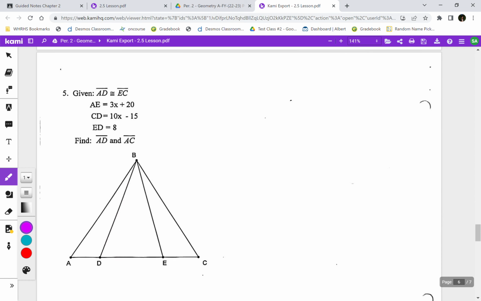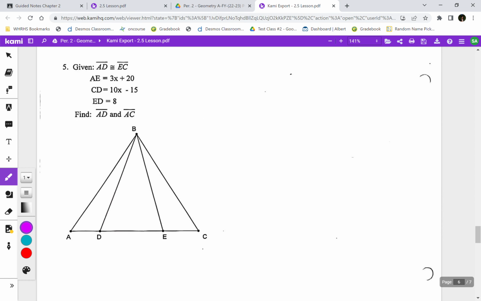All right, let's keep going. Let's do an algebra problem. So mark up our given information. Segment AD is congruent to segment EC. Then we have, look how I'm marking it, segment AE, which is 3x plus 20. And then also segment CD is 10x minus 15.